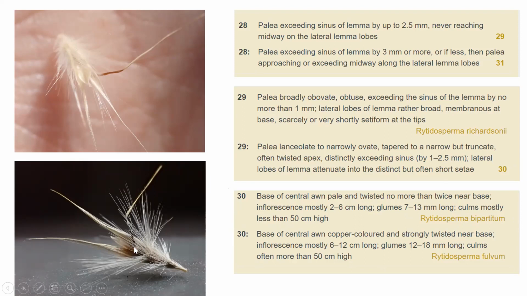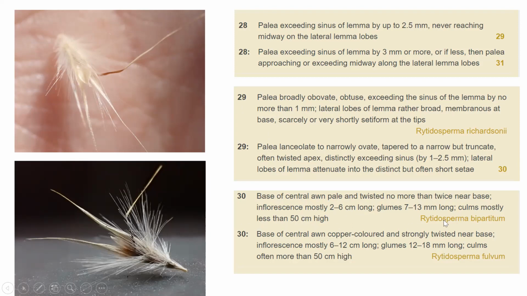With the sample that I've got a photo of, you can go off the colour of the awn. Base of central awn pale, twisted no more than twice. This is not; it's quite dark and it's twisted a lot of times. Although I'm actually looking at this photo and that's not so strongly twisted. These are not the same seed, by the way, so I might have made a mistake there.